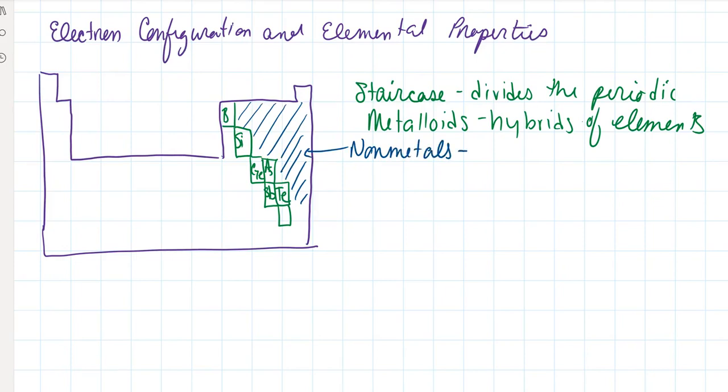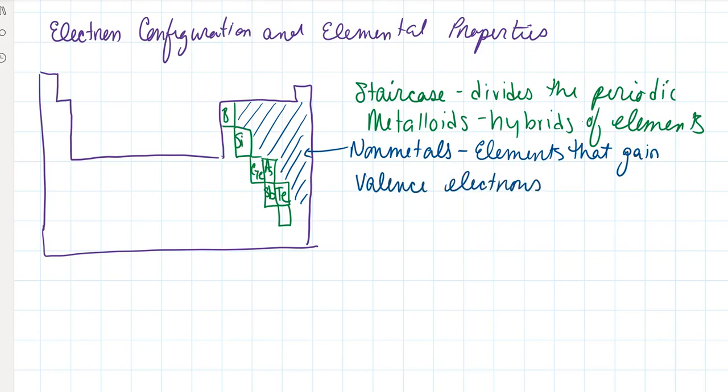And these nonmetals are considered to be elements that gain valence electrons in chemical reactions.